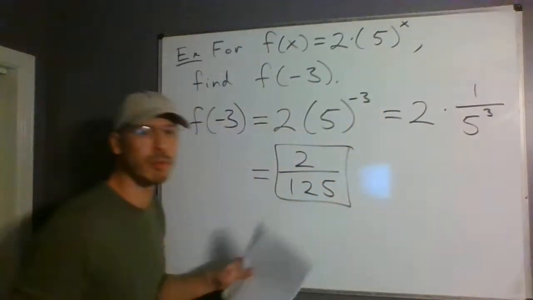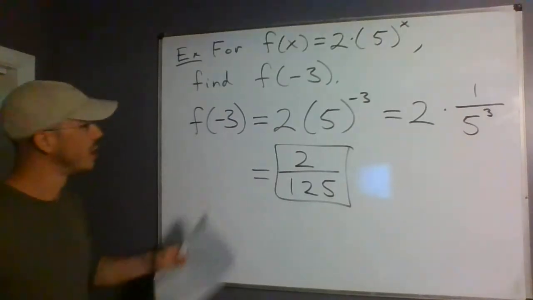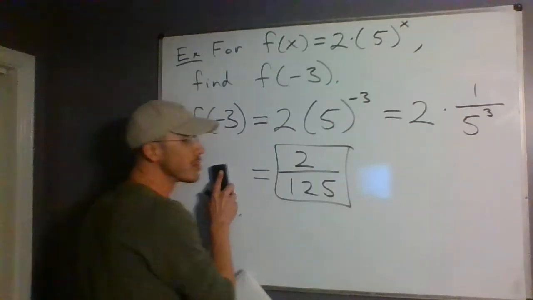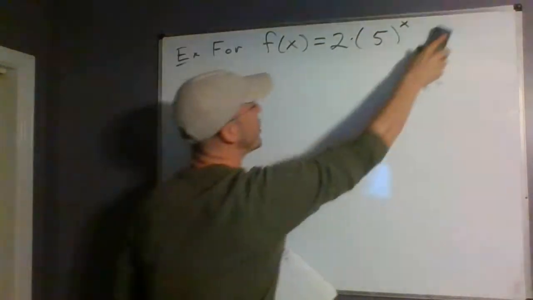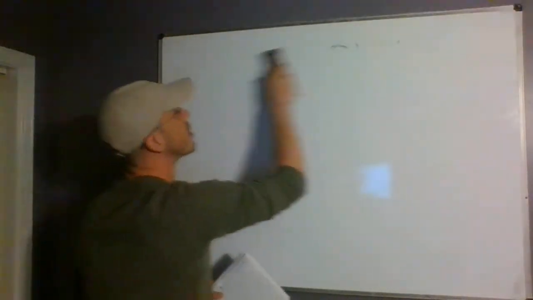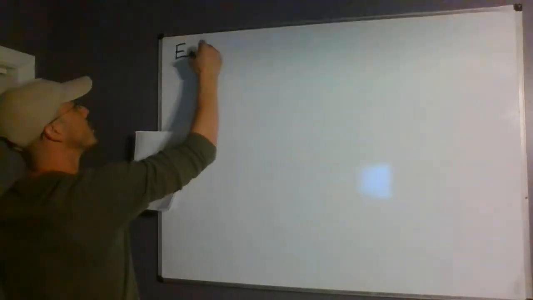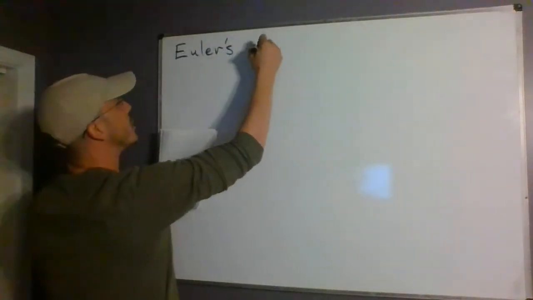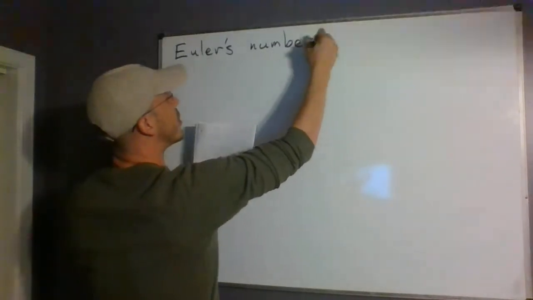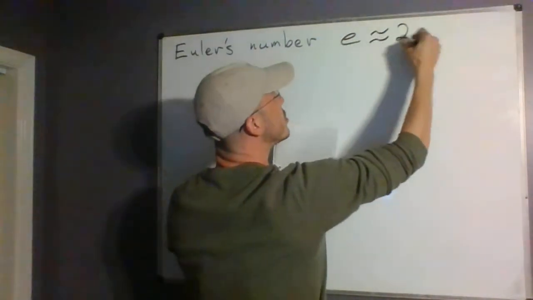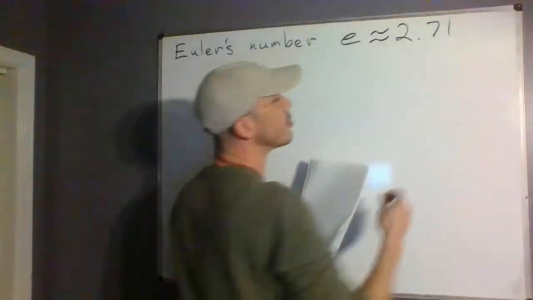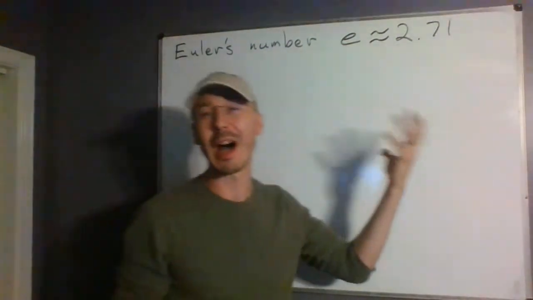We'll do a few more examples in a second, but I need to introduce a number that comes along with exponential functions very frequently. This is called Euler's number, E. It's approximately 2.71, but it is an irrational number like pi.